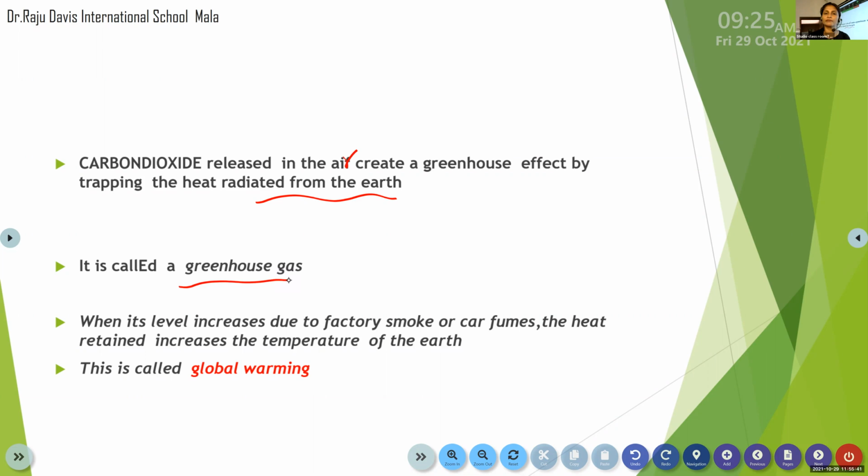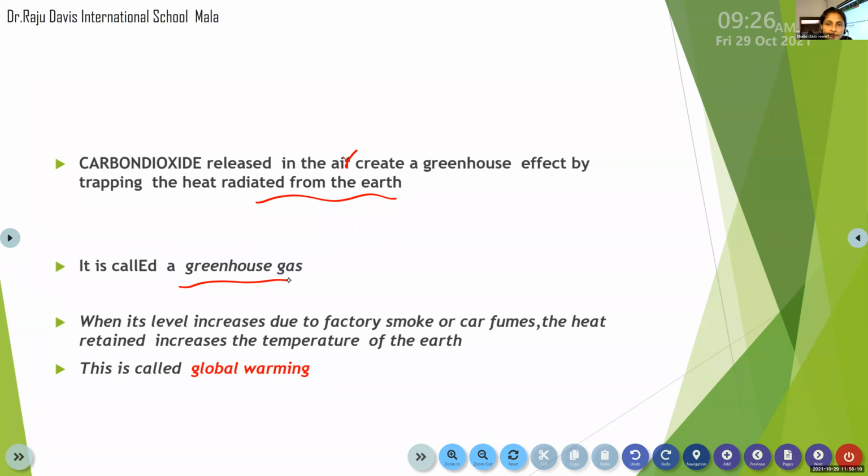That means if the level of carbon dioxide is okay, not much more than the prescribed ratio, it has the capacity to absorb the heat and create a greenhouse effect, so carbon dioxide is also called a greenhouse gas.